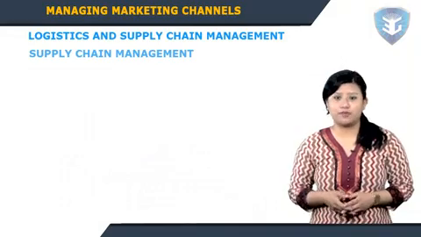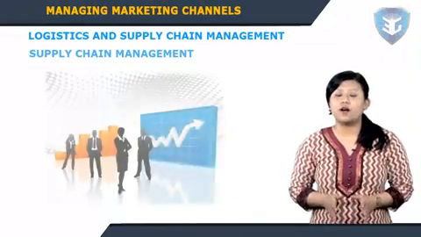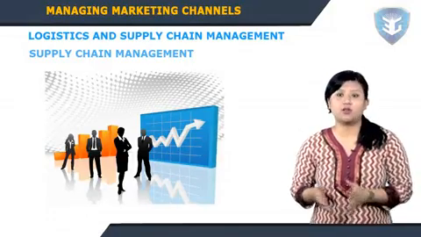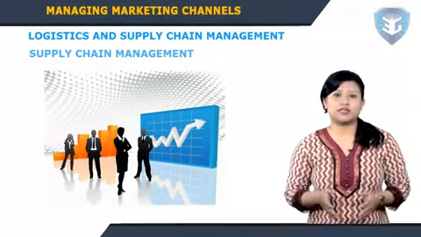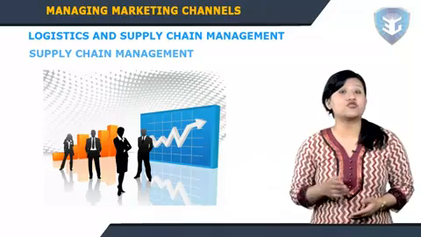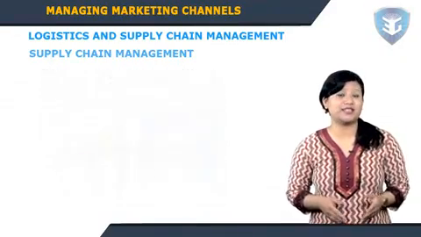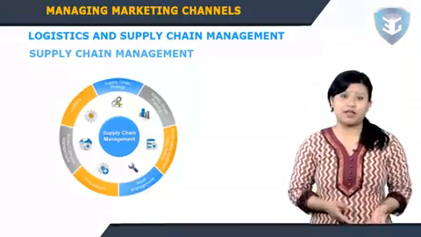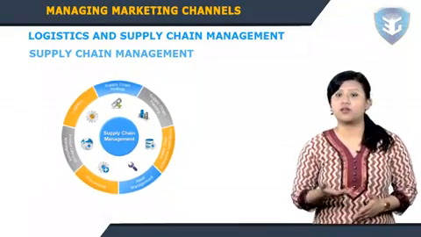Supply chain management. So far, we have described the movement of materials through a single organization. But no organization works in isolation, and each one acts as a customer when it buys materials from its own suppliers, and then it acts as a supplier when it delivers the materials to its own customers.